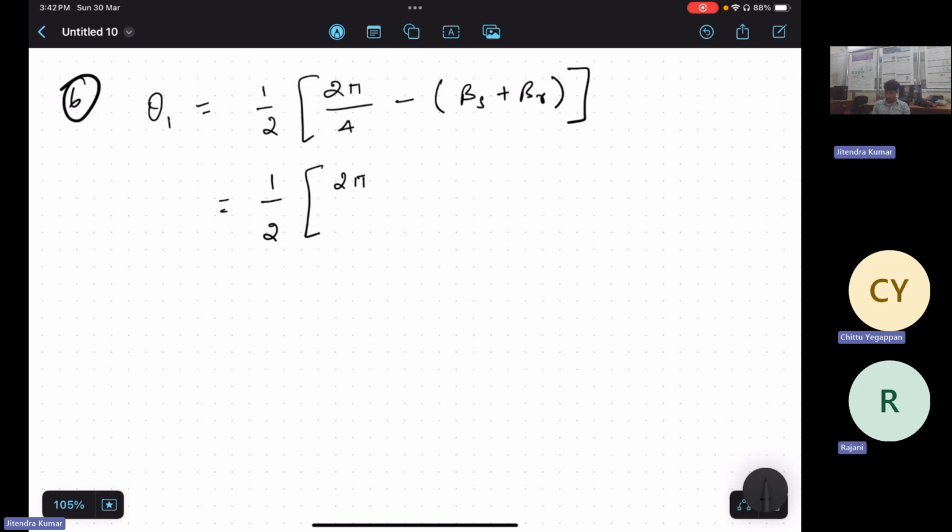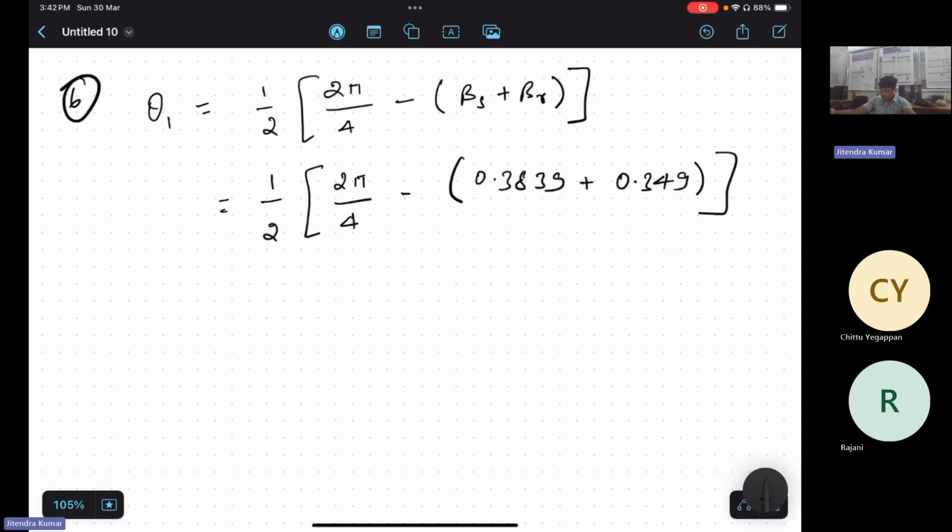Okay, let me know the radian. How much radian is beta S? 0.3839. Plus beta R, 0.349. Let me just verify it once. 20 into pi by 180, 0.349 is beta R.